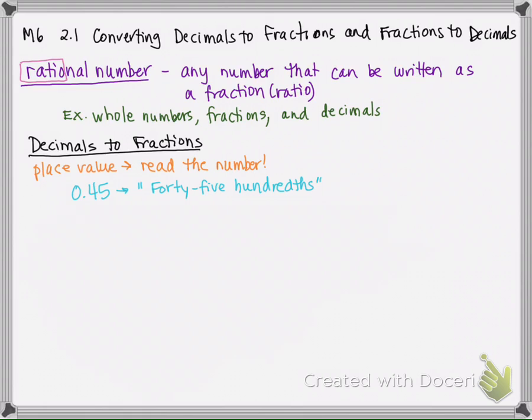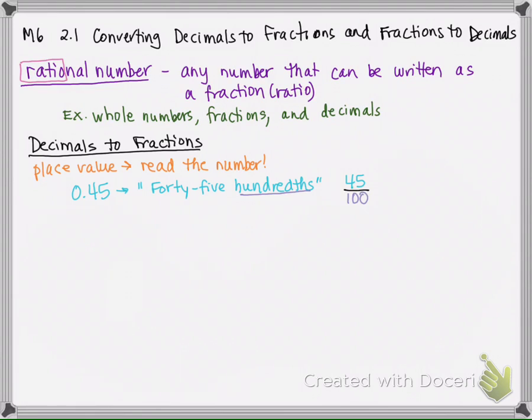So then I take that idea and I take the 45, that's going to go in my numerator, and then I'm going to take the denominator and make it a number. So it'd be 45 over 100, 45 hundredths.